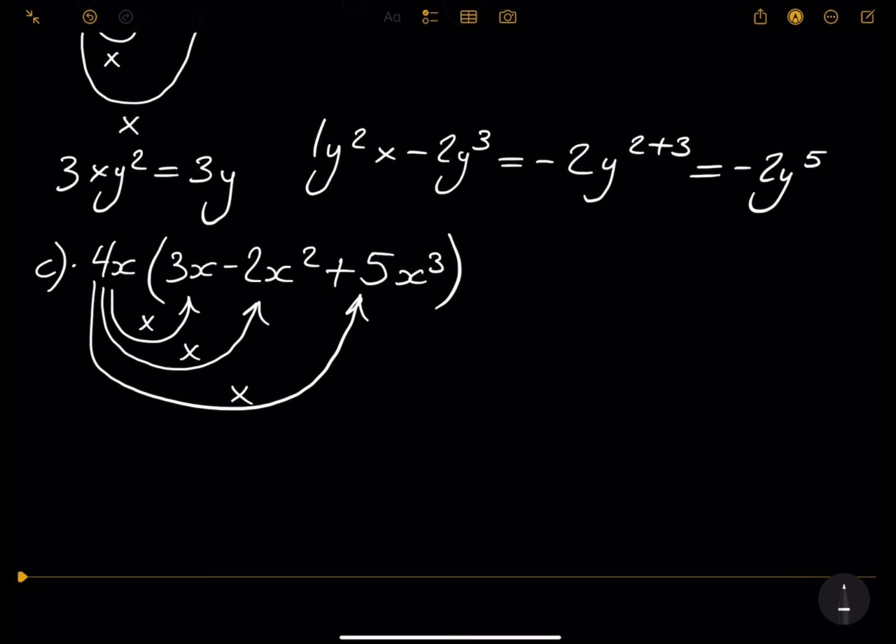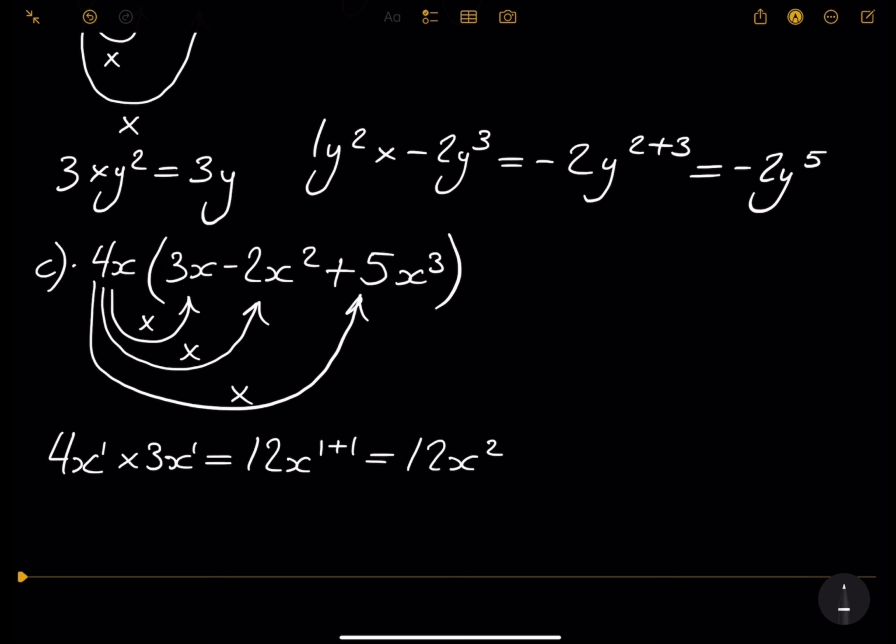So the first one, 4x, and by the way, all of these will involve using the laws of indices. So 4x times 3x will equal 12x raised to a power. There's obviously invisible ones which we usually just leave out. So we've got 12x raised to the power 1 plus 1, which is equal to 12x squared.